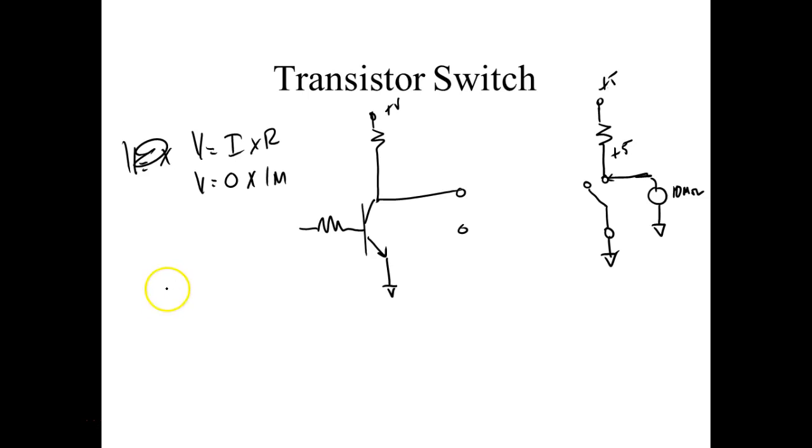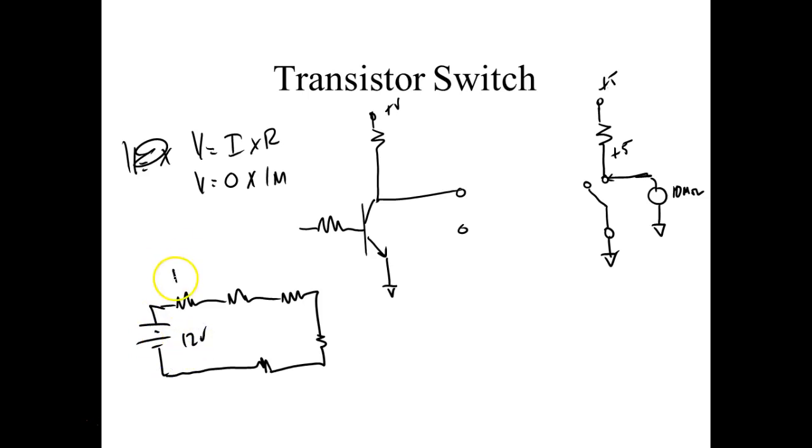Now, why? I could come over here and have 1,000 resistors, and this right here could be 12 volts, and all of these could be 10K. We're not going to do the math. We could. But let's say that resistor right there opens.